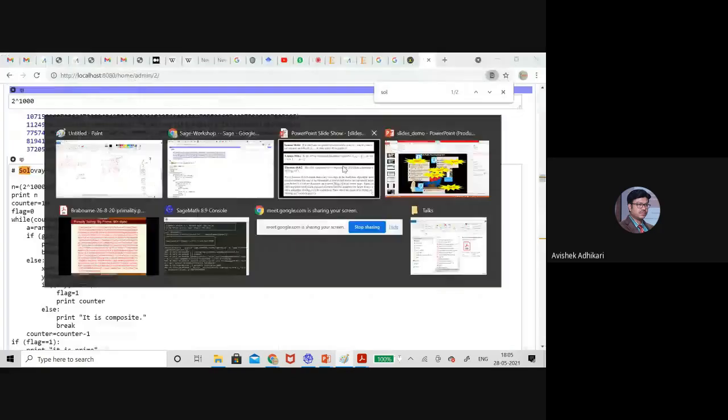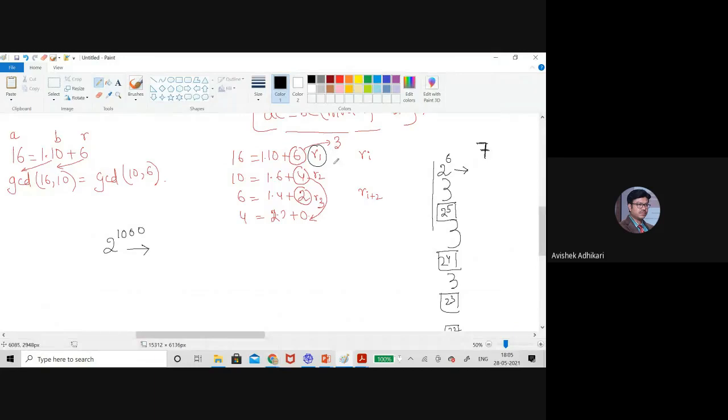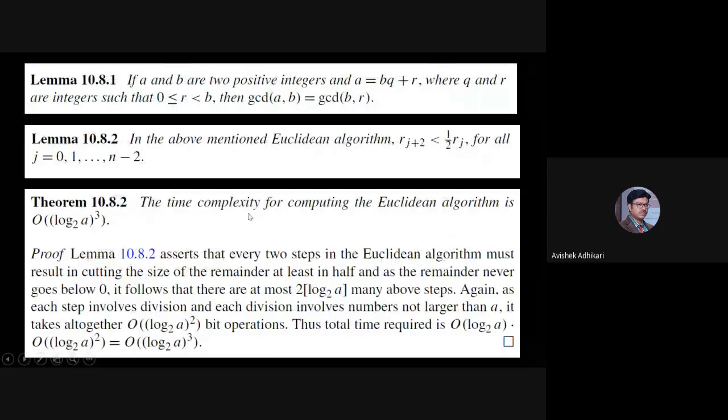You cannot calculate by even your supercomputer to that many steps, one by one step. But this algorithm states that it can be converged within maybe 2000 steps, and that's very easy. 2000 steps can be done very easily. That's why that is very efficient, and that's why this algorithm can be thought of as a polynomial time algorithm.